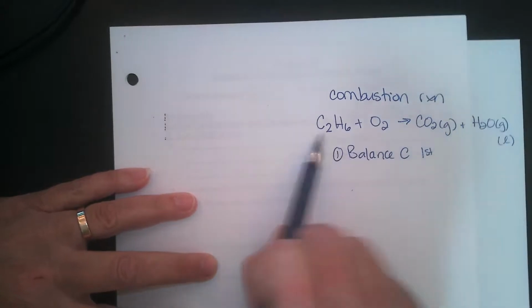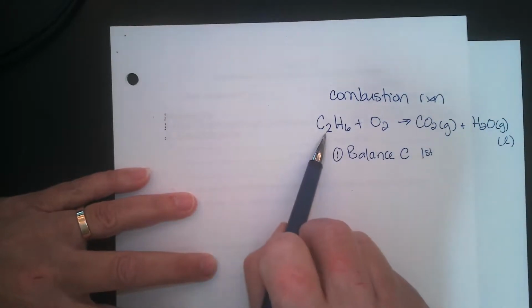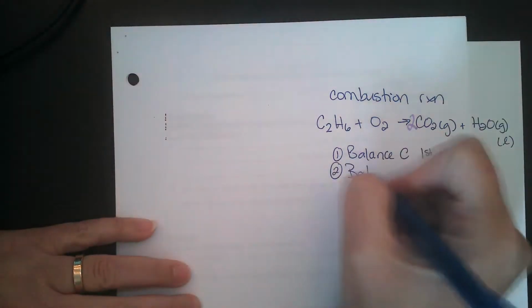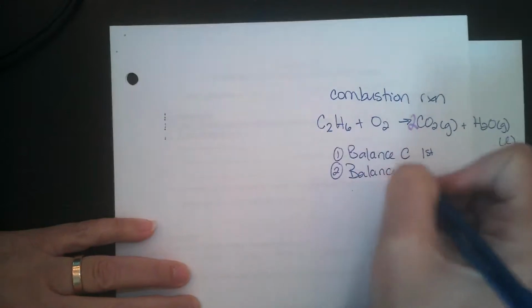So in this particular equation, we have 2 carbons on the reactant side, so we need to put 2 carbons on the product side.